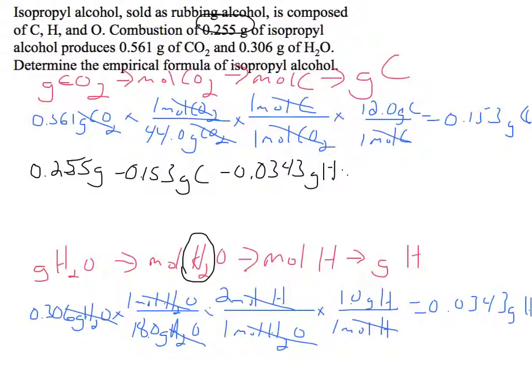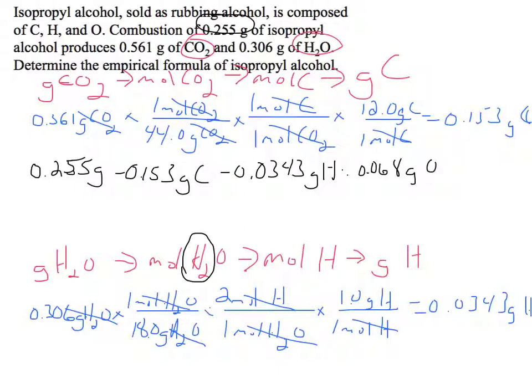That leaves us the grams of oxygen, because the only products we produce are carbon dioxide and water, which is just carbon, hydrogen, and oxygen. So the total of those must add up to our total sample size. And what we find is that we have 0.068 grams of oxygen.